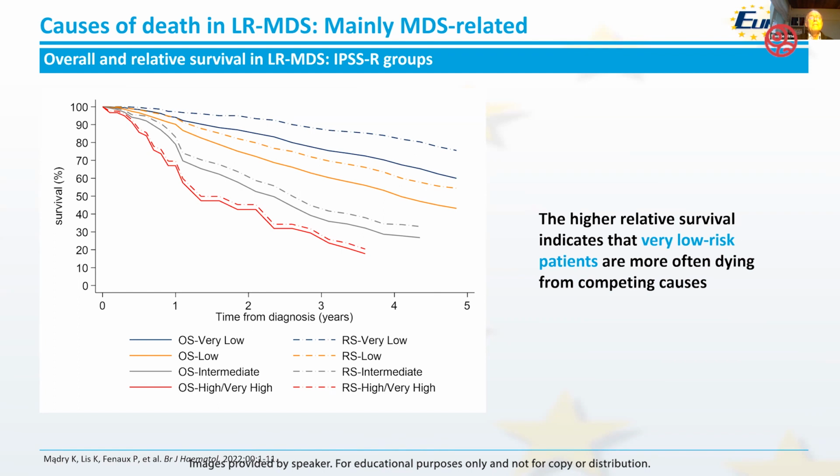So that means that the great majority of these patients are dying due to the disease, related to the disease, whether they have neutropenia, or transfusions, or they have a poor quality of life. So it's dominant. The disease is dominant and determinant when you compare it to the general age-matched population.